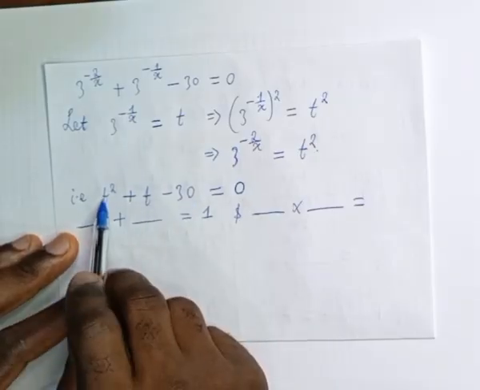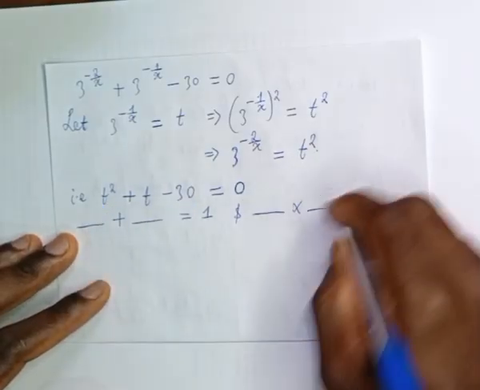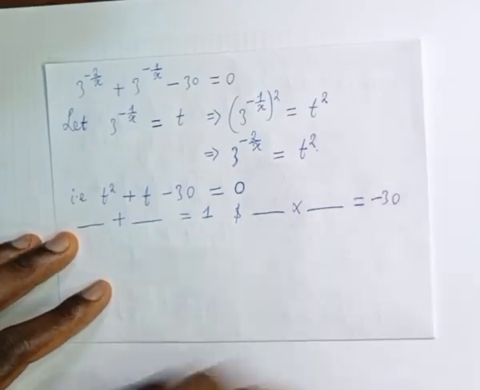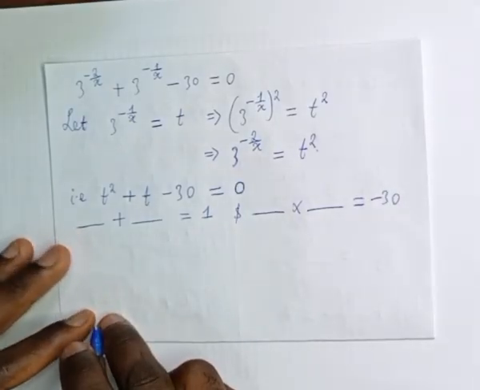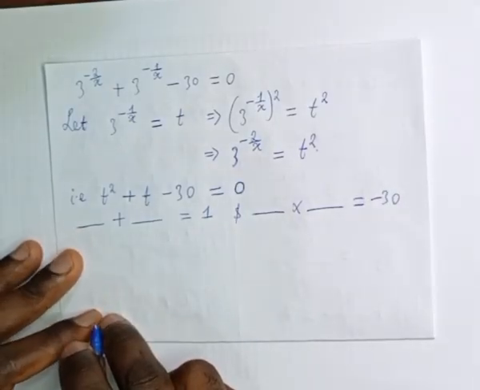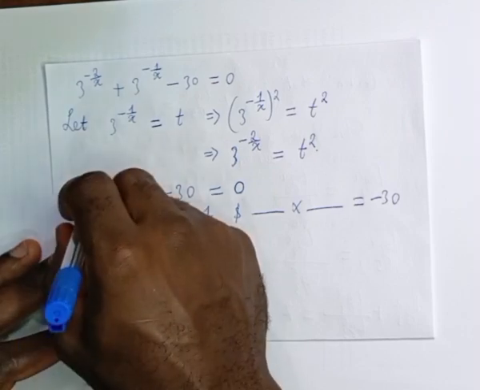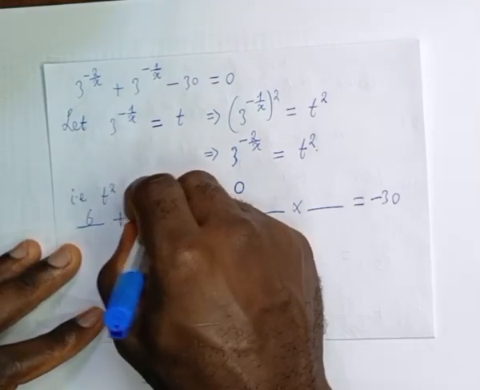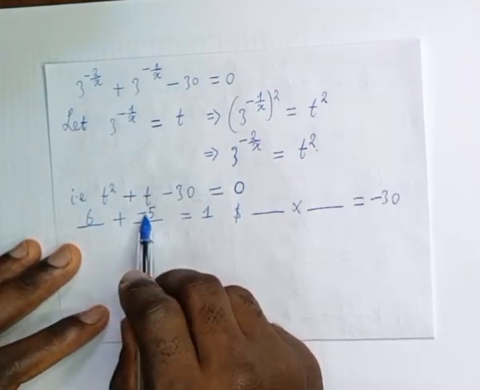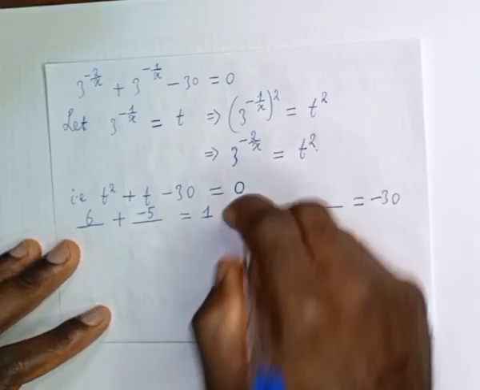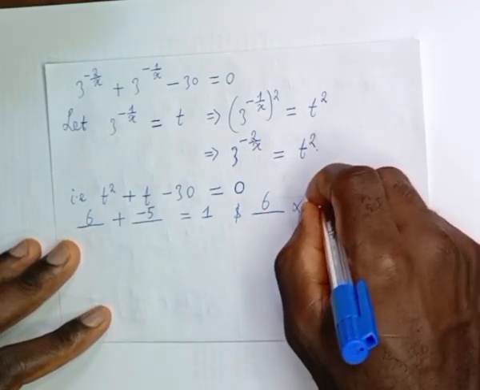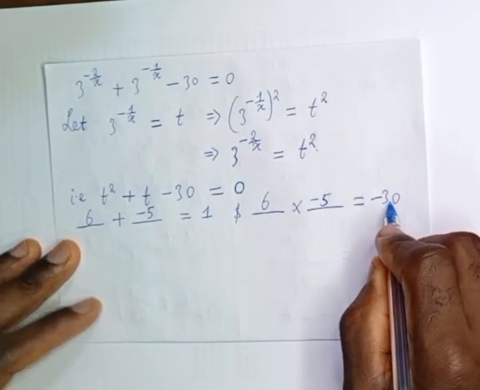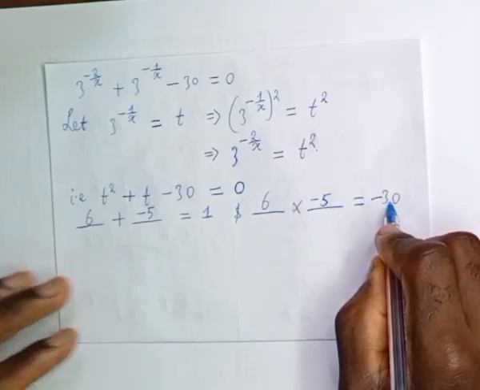Take note, in this case, the coefficient of t squared is 1. You see that the two numbers must be 6 and -5. 6 plus -5 gives us 1. 6 times -5 gives us -30.